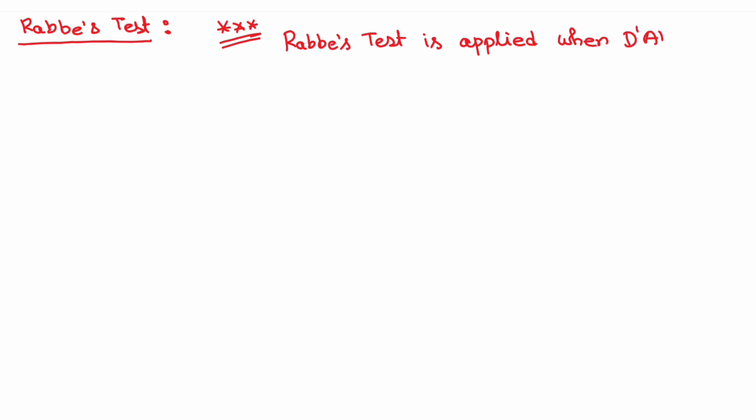First of all, let me tell you, we can apply Raabe's test when D'Alembert ratio test fails. Okay, so note: Raabe's test is applied when D'Alembert ratio test fails.